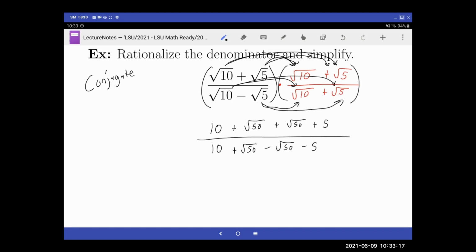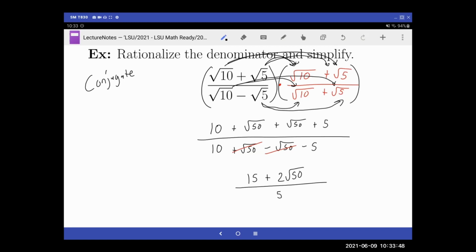So there we go. Now notice what happens in the denominator. Those two will cancel out. All right, combine like terms. So on top there's 10 and 5. That'll be 15. I have 2 square root of 50. In the denominator, 10 minus 5 is 5.